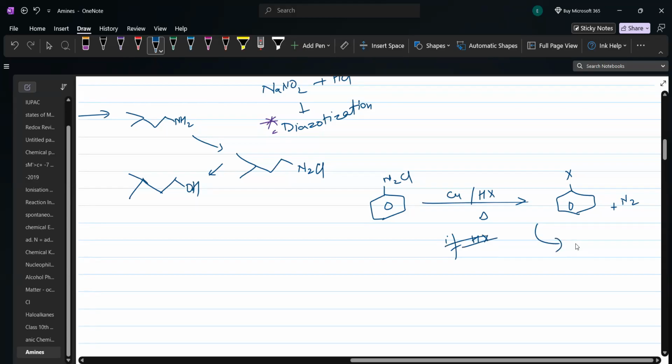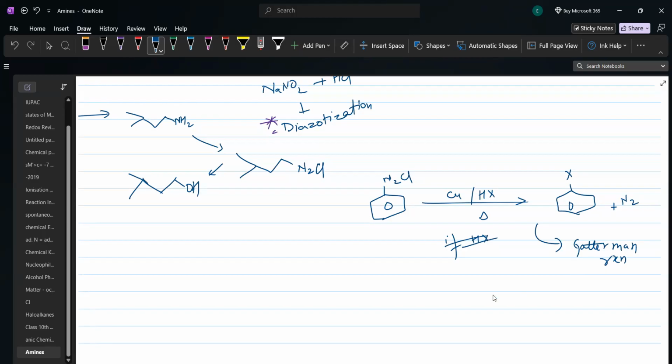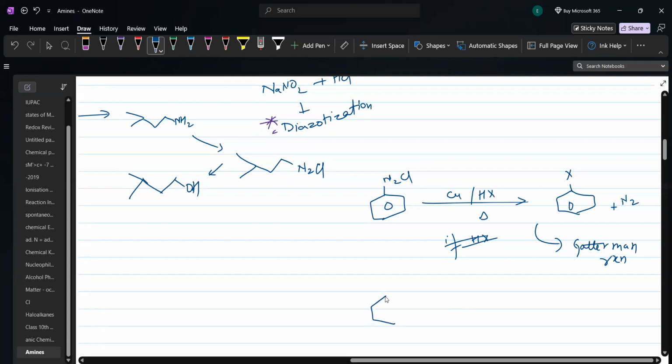This is known as the Gattermann reaction. Have you heard this term? Gattermann reaction? Yes, sir, but I don't remember where. Acha, please write it down. And also the same thing, the brother of Gattermann is Sandmeyer.